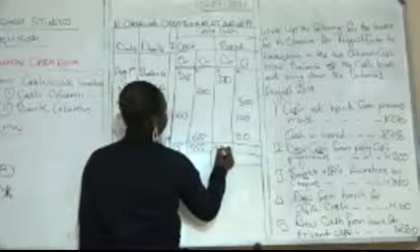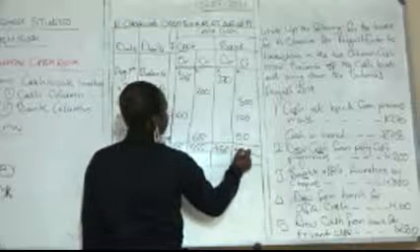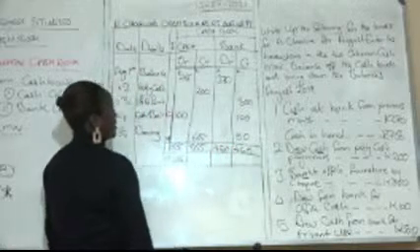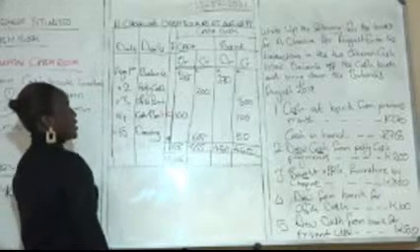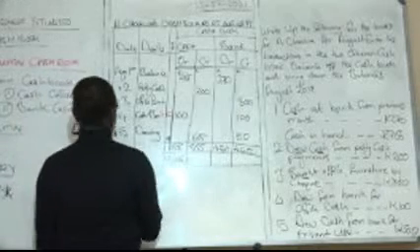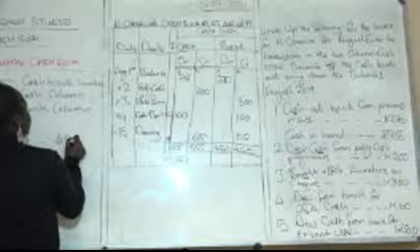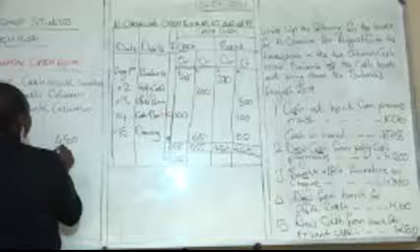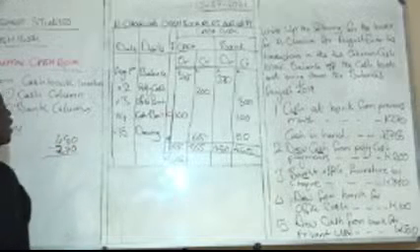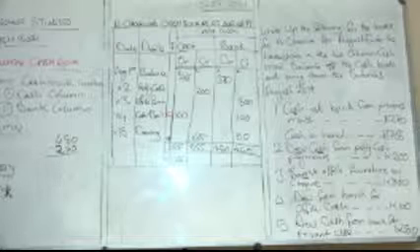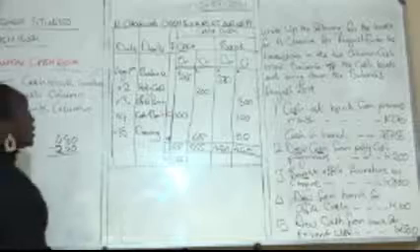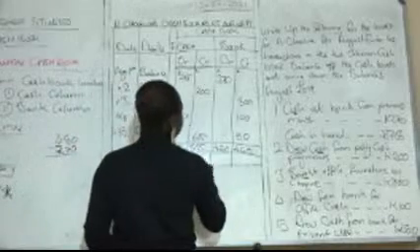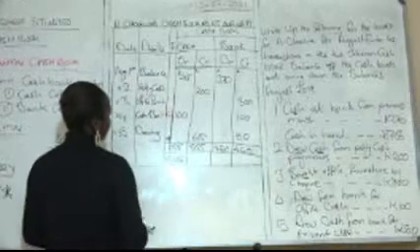So 450 kwacha is put there. Now we have to find the difference. How do we find the difference? We deduct the 270 from the 450. The one that we find is the one that we place on the lesser part.